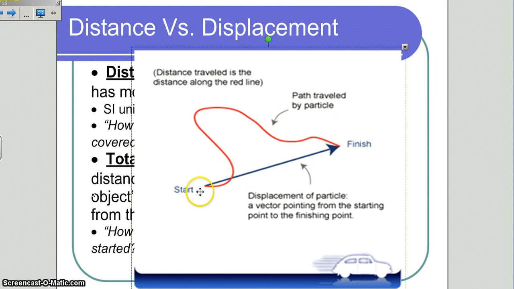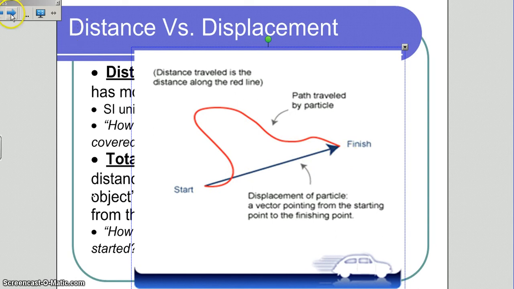The distance traveled would be this red line that we followed, okay? That's how far it went. The displacement is really the distance from start to finish. So displacement is only shown from here to here. We could say that the distance traveled here is much longer than the actual object's displacement.